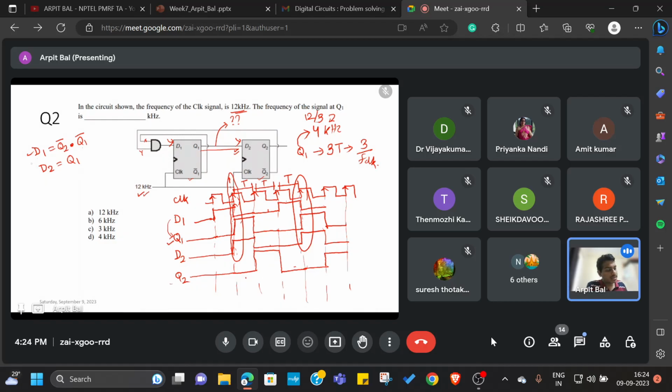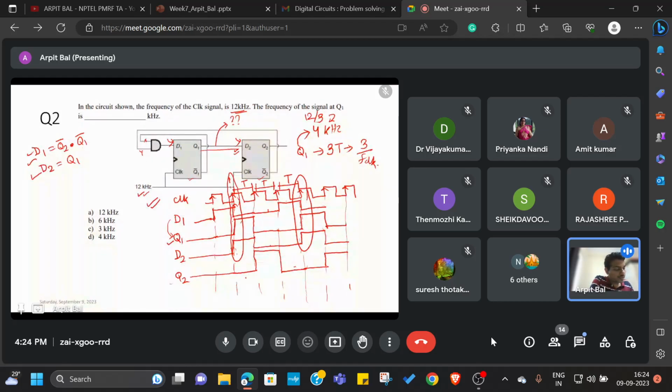I figured out the equation for D1 and D2, and based on that, I started drawing the timing diagrams. In these timing diagrams, I drew the clock first. After drawing the clock, I derived D1, and I assumed that Q1 and Q2 are set to 0 for the initial period.